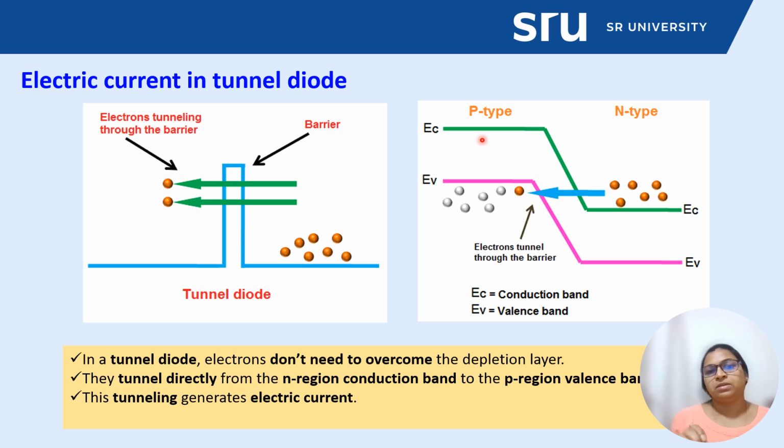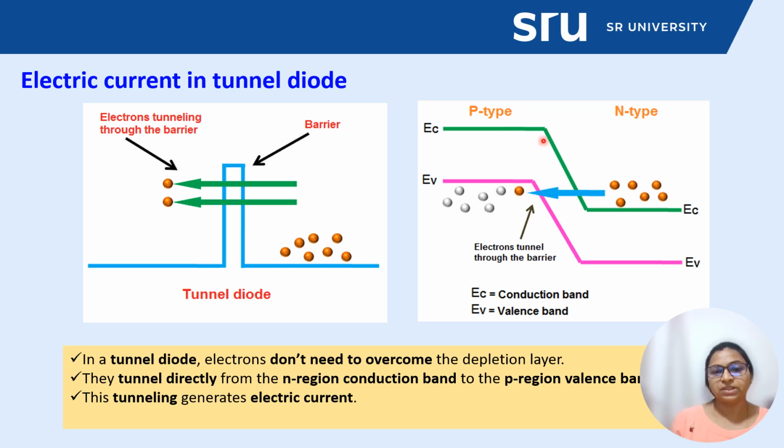Unlike the ordinary PN junction diode, the energy level difference between the P and N type semiconductor is very high in a tunnel diode. Because of this high difference in energy level, the conduction band of the N type material overlaps with the valence band of the P type material.